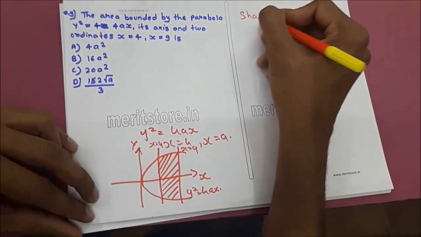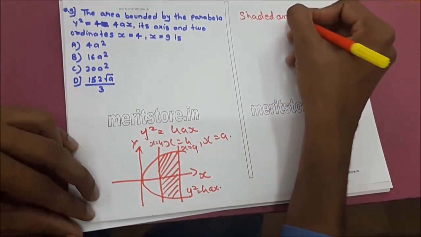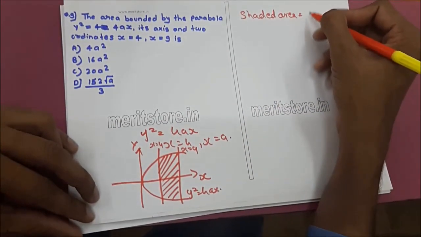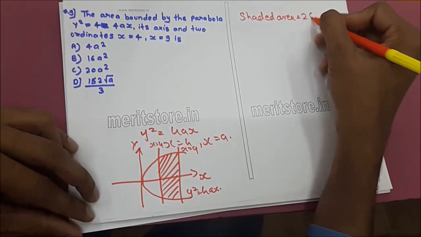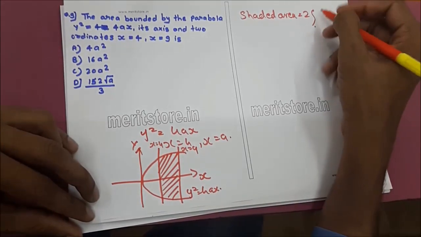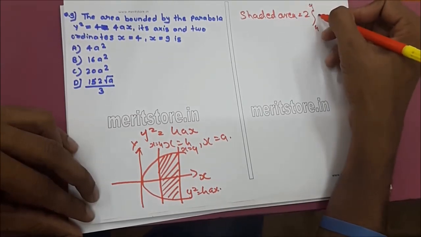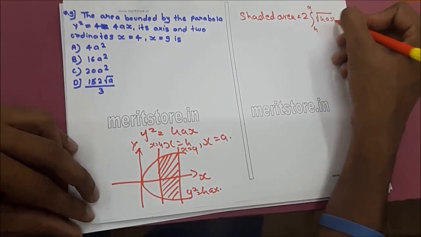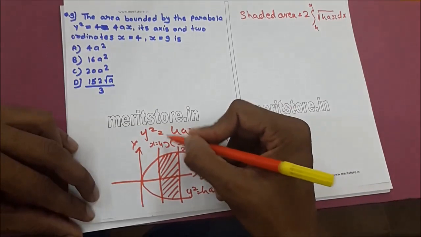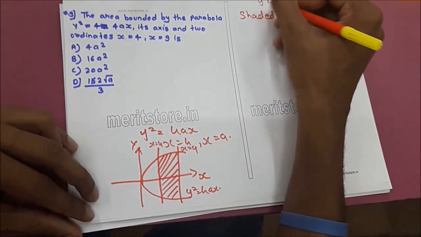The shaded area is equal to 2 into integral from 4 to 9 of root 4ax dx, which we got from the equation of parabola, that is y square is equal to 4ax.